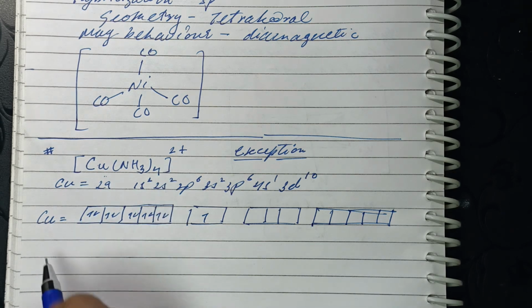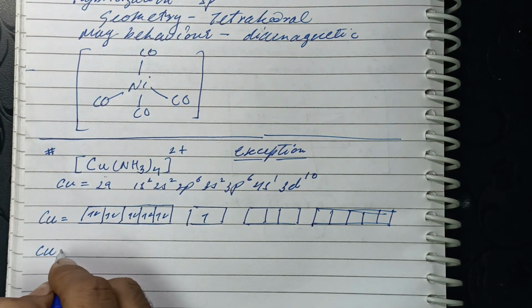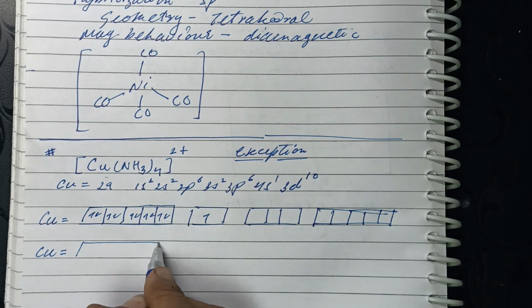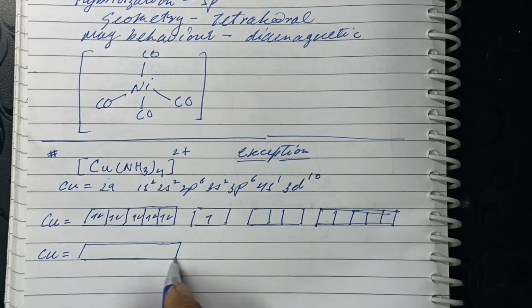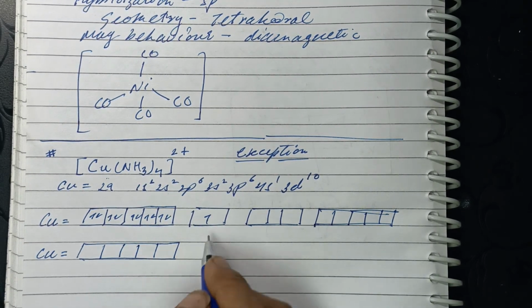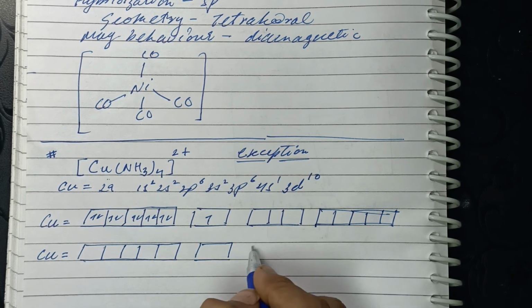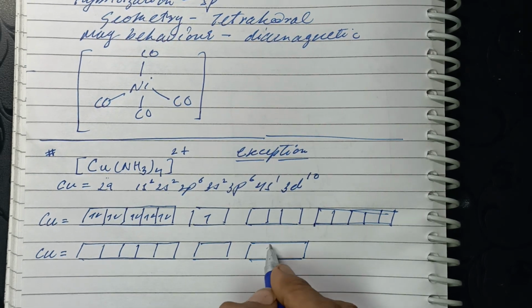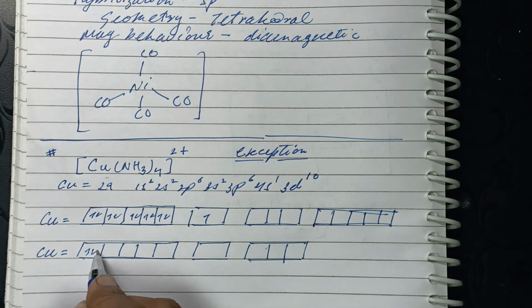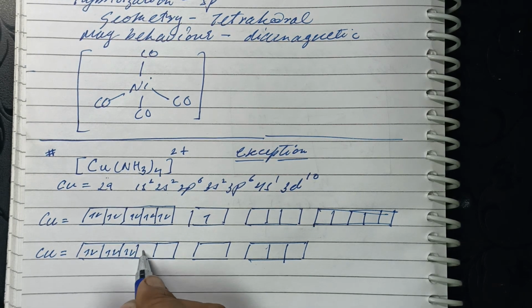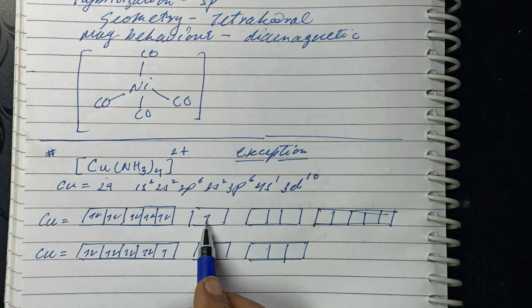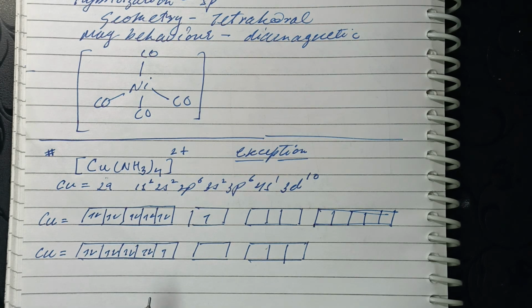Now we need to remove 2 electrons: 1 electron from 4s and 1 electron from 3d.